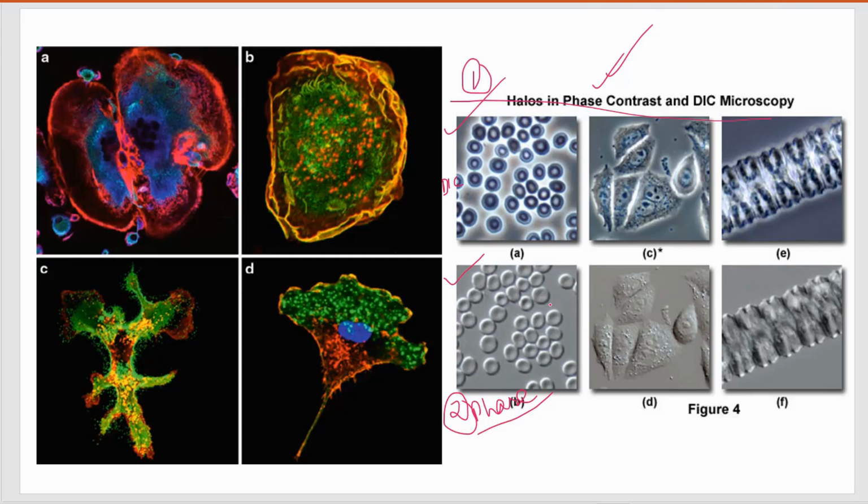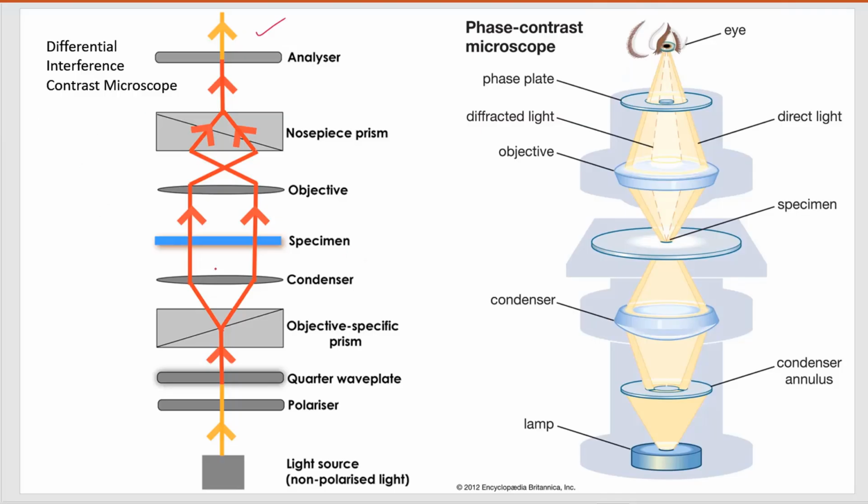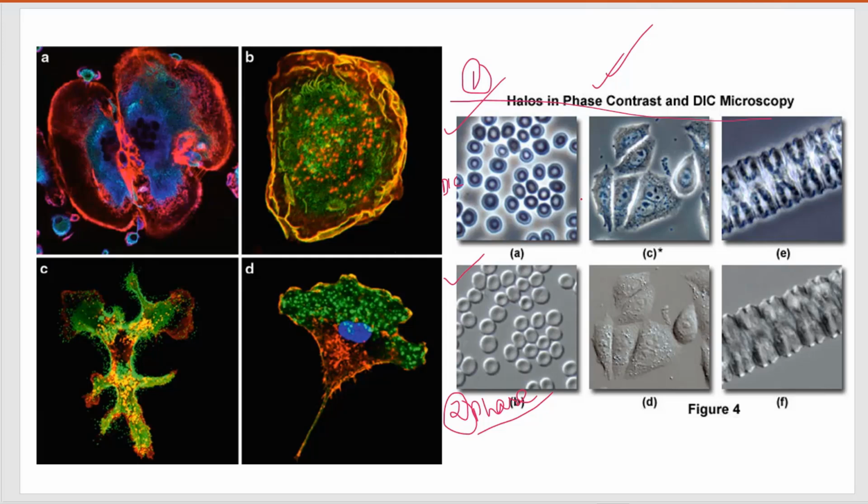Phase contrast is like a normal compound microscope which you see in normal labs. DIC uses various optical components to give a 3D image. This upper panel is from DIC. Phase contrast is a normal microscope and will always give a 2D image.